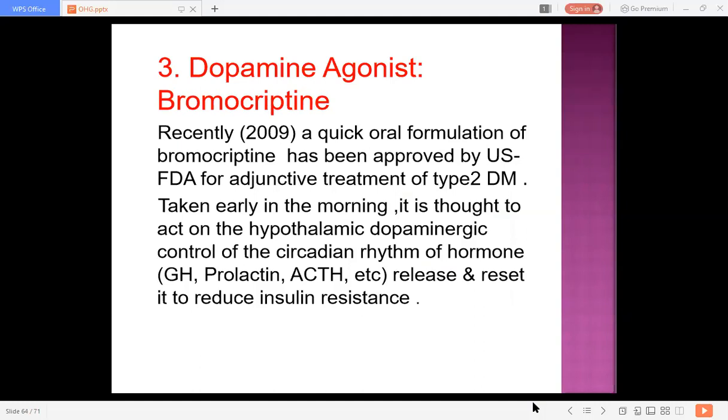Among the miscellaneous anti-diabetic drugs, we also have a dopamine agonist, that is bromocriptine. It's an oral formulation used as an adjunct in the treatment of type 2 diabetes mellitus. Taken early in the morning, it is thought to act on the hypothalamic dopaminergic control of the circadian rhythm of growth hormone, prolactin, and adrenocorticotropic hormone release, and reset it to reduce insulin resistance.